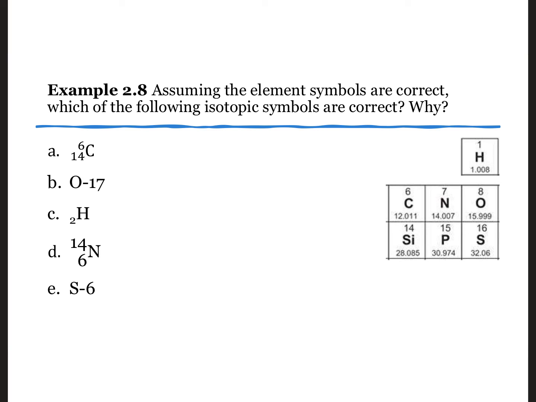Now that you've gotten some isotope notation practice under your belt, can you tell me what is wrong, if anything, with each of the isotopic symbols? In A, the mass and atomic numbers are flipped. B is correct, as it's noting a heavier isotope for oxygen than the one shown at right.